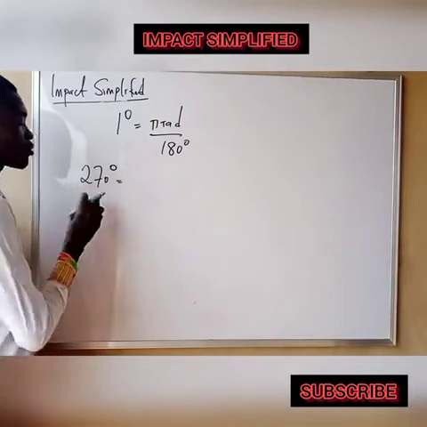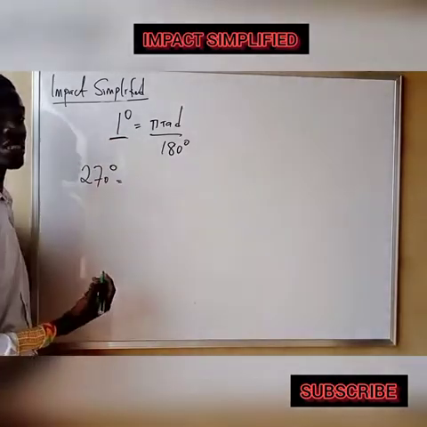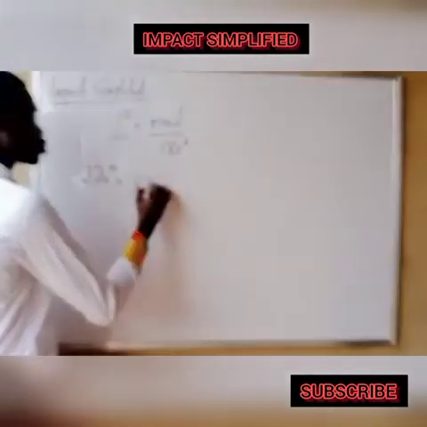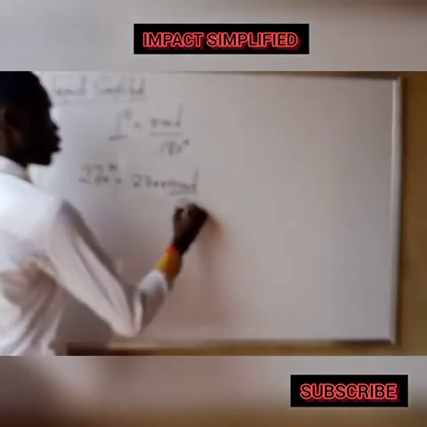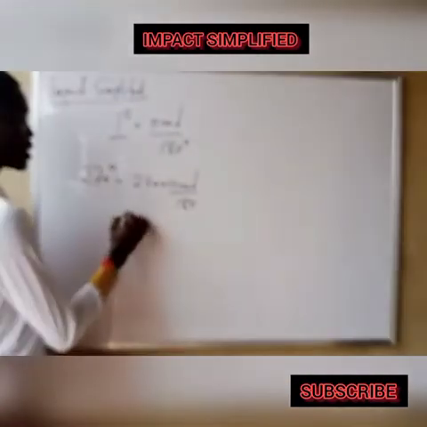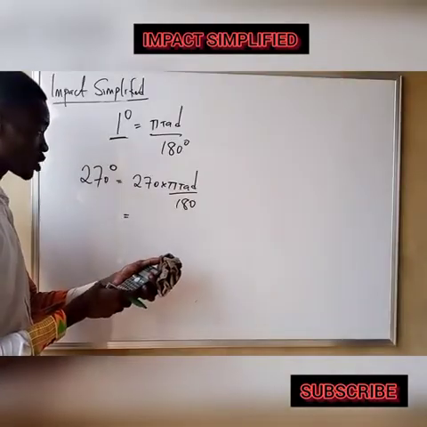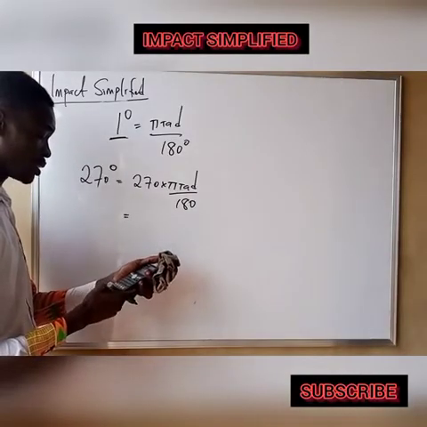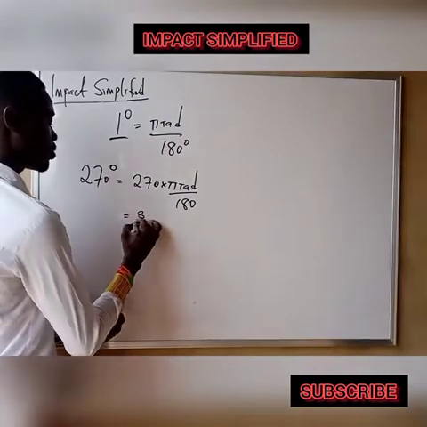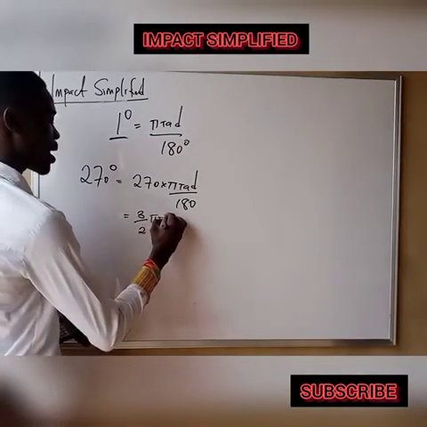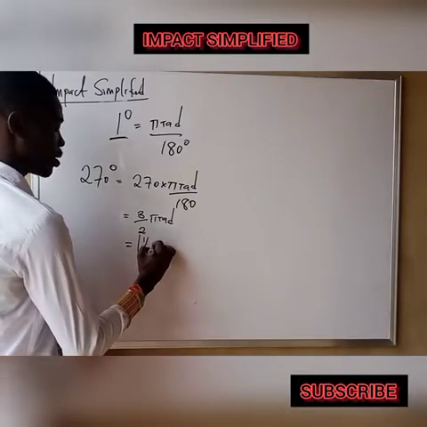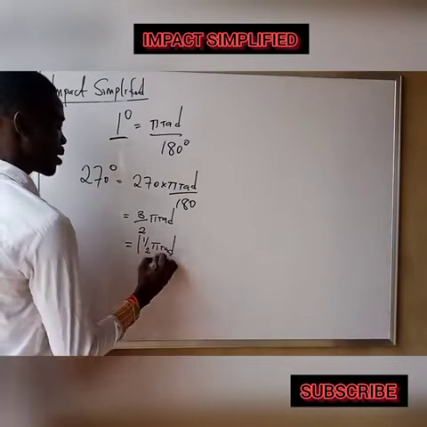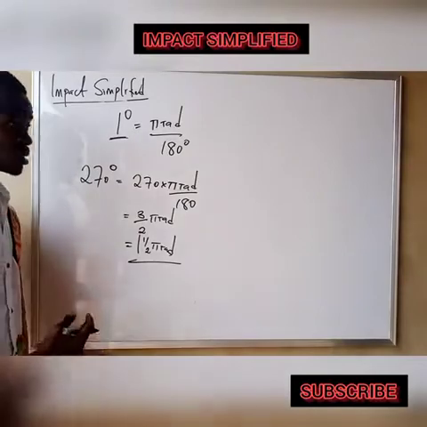What are we going to have? 270 degree times pi rad over 180. And that will give us 270 divided by 180, which is 3 over 2 pi rad. And that will give us 1 whole number, 1 over 2 pi rad. Do we get that? It's simple.